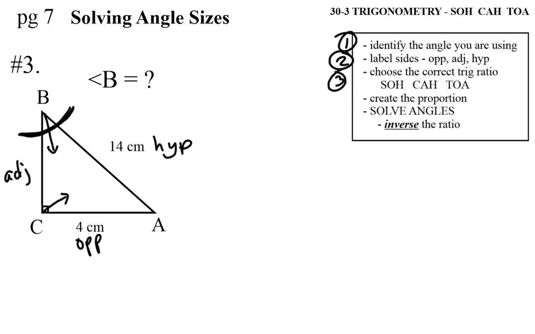Third step is to choose your trig ratio. Which side isn't going to help us here? The adjacent isn't going to help us. So we need to use the opposite and the hypotenuse. To use the opposite and hypotenuse, this is sine.